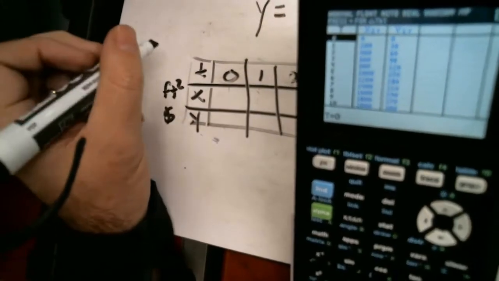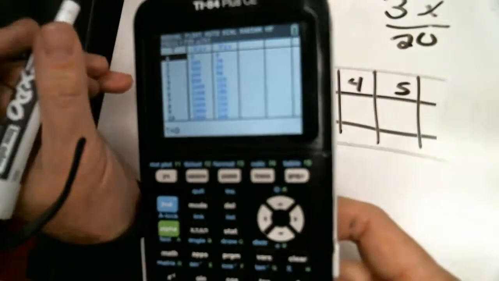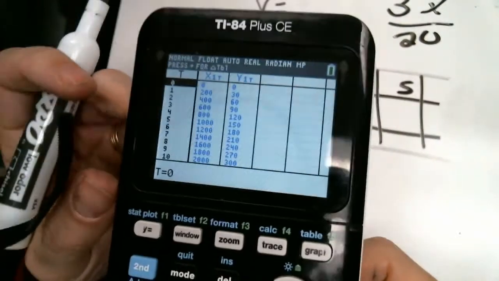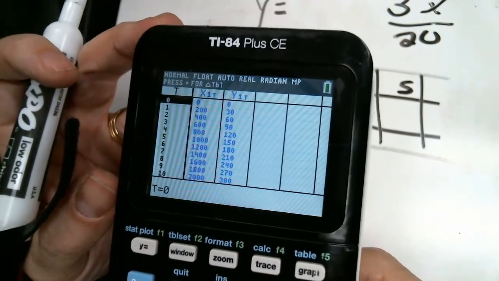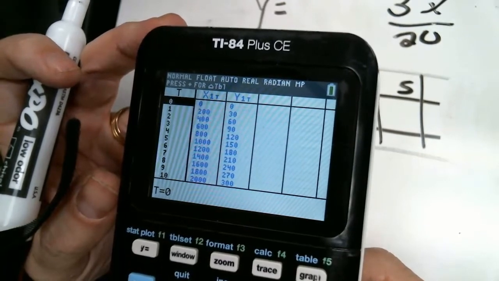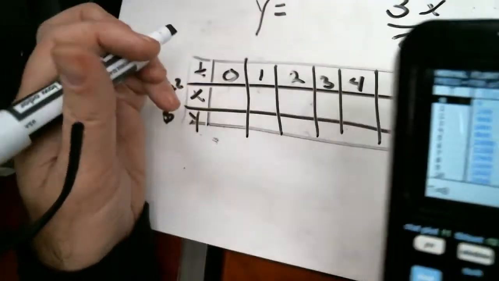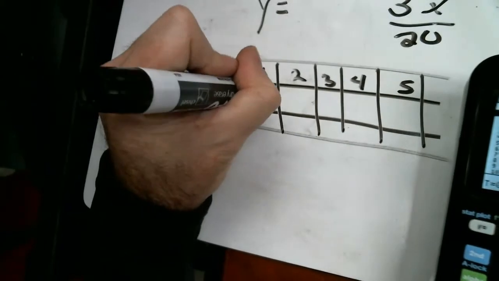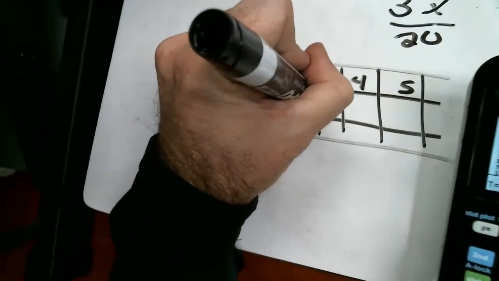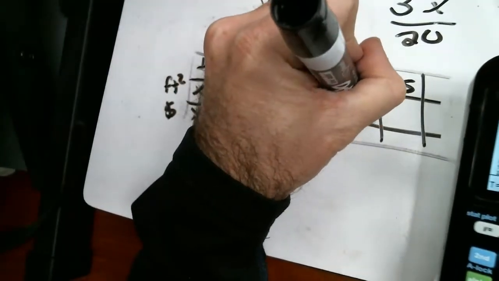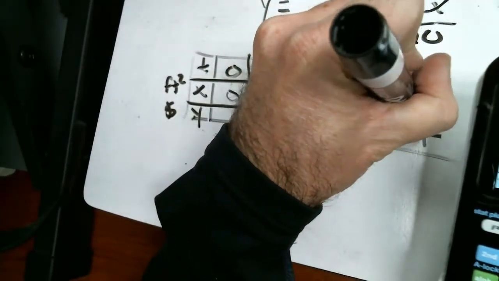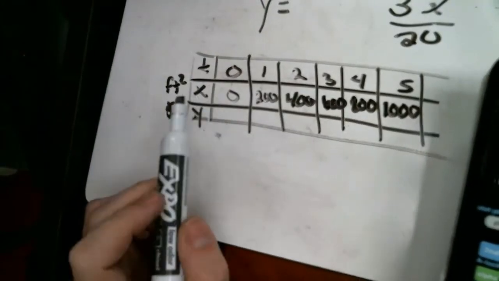And then we've got x's. And if I get it to focus here, there we go. Our x's go 0, 200, 400, 600, 800, and 1,000 square feet of painting.